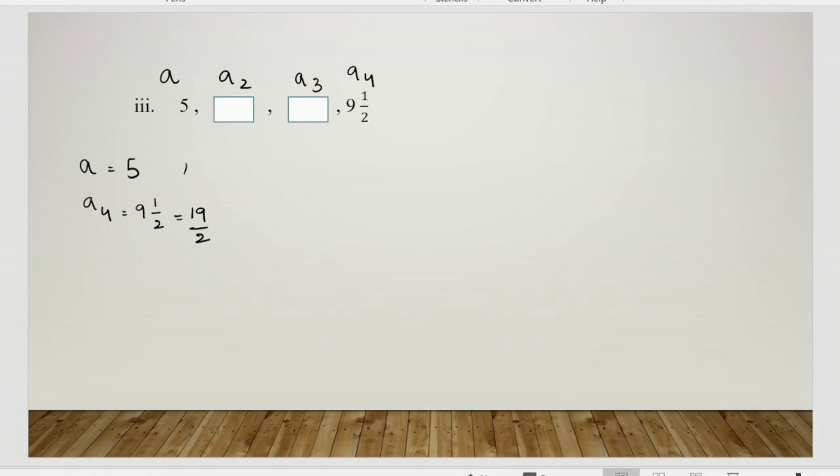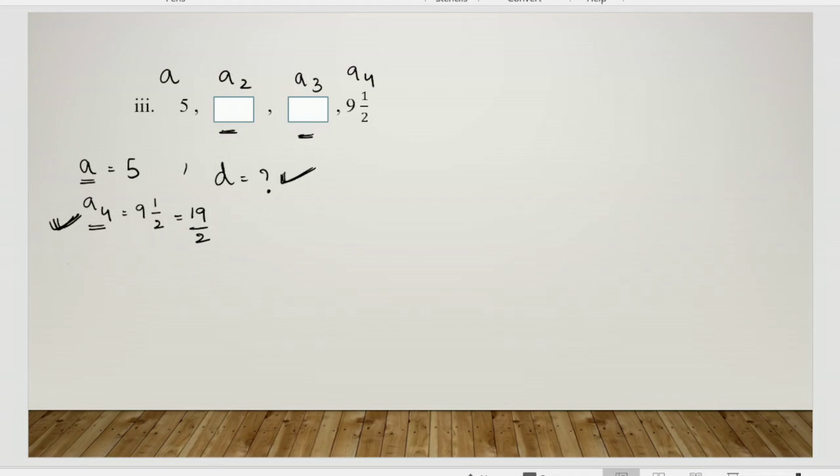First we will find the common difference like in the previous questions. Once we get the common difference, it is easy to find A2 and A3. We know the first term A and the last term A4, so using A4, we will try to find the common difference.